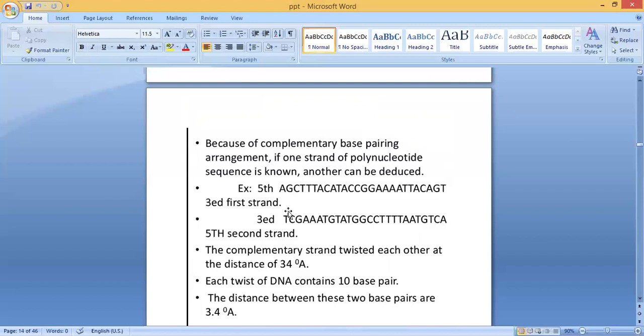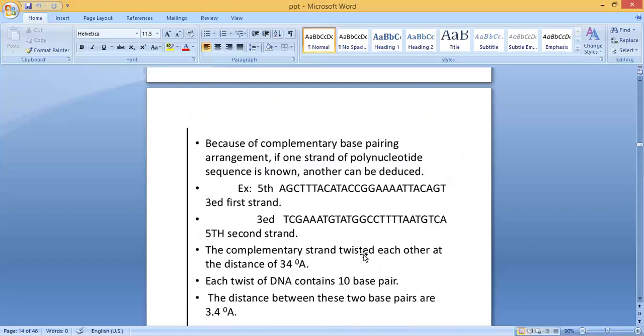Adenine means the opposite will be thymine, guanine means cytosine, thymine means adenine, and so on. These are always the pairs. So given this strand, you can write the second polynucleotide strand.